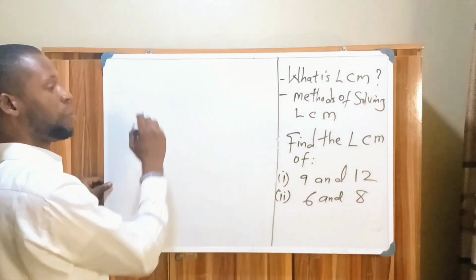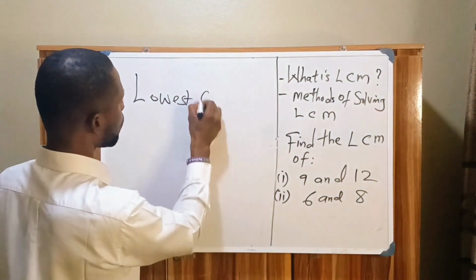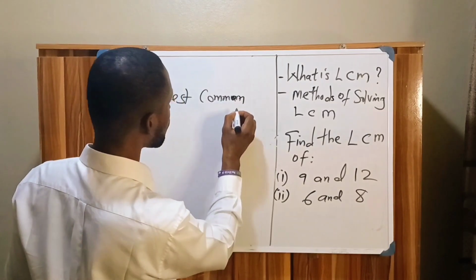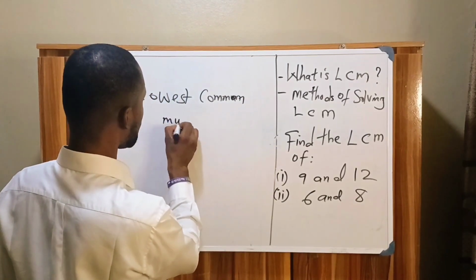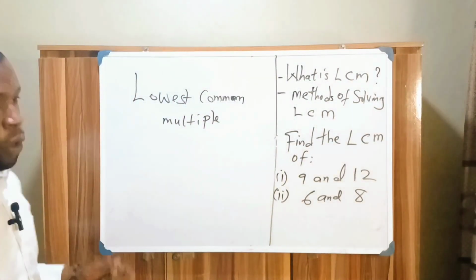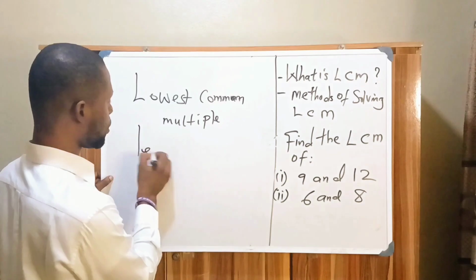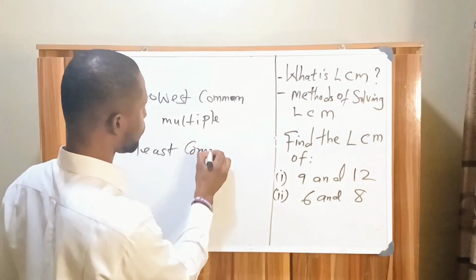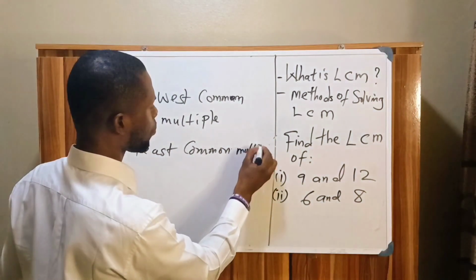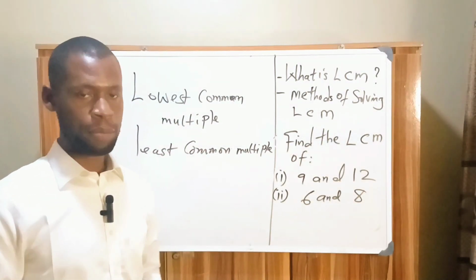LCM simply means lowest common multiple, or it can also be referred to as the least common multiple. That is the full name of the LCM.